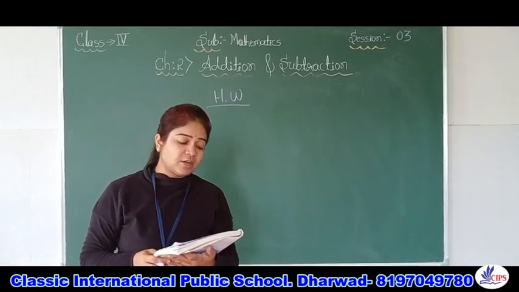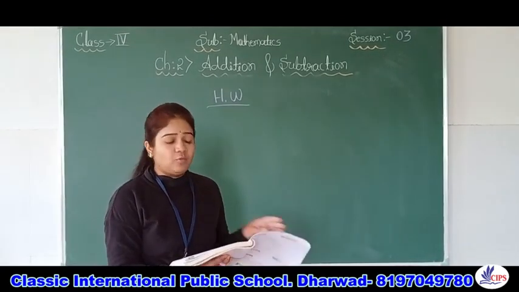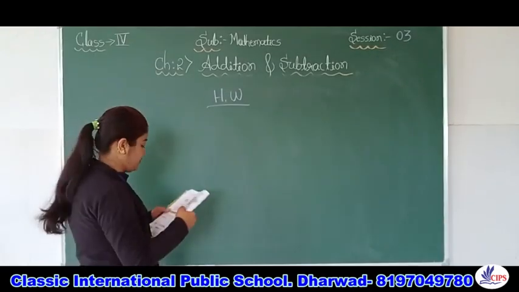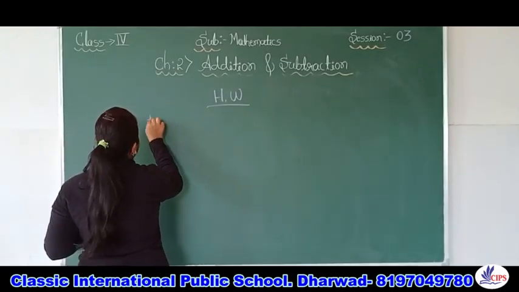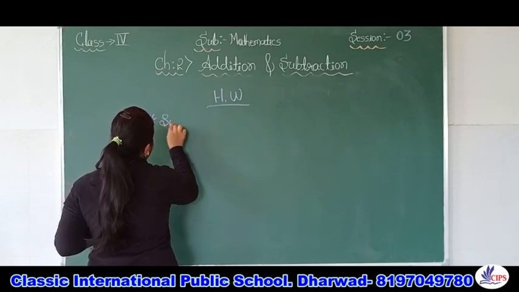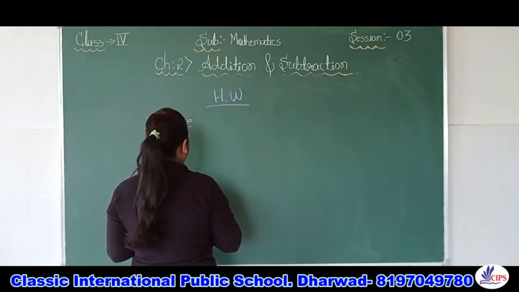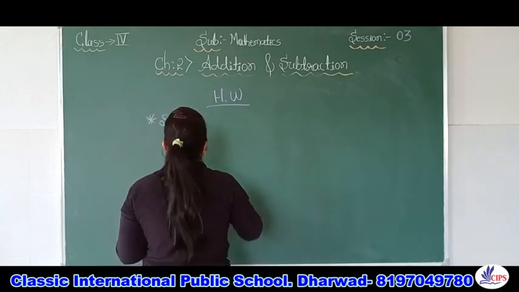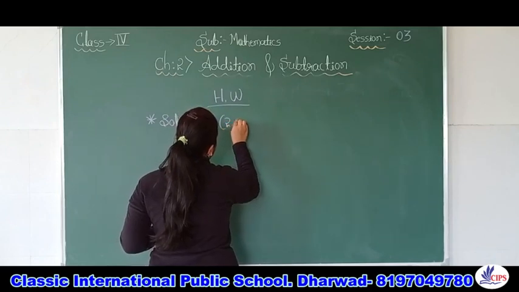Students, based on this rounding up to the nearest 10,000, take one homework. Okay, note down. Solve exercise 2.4.